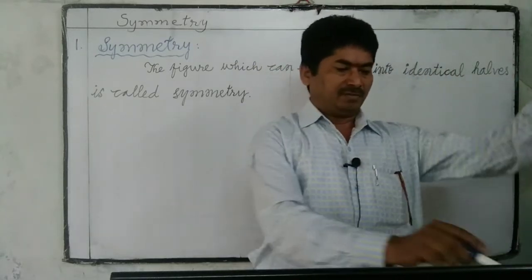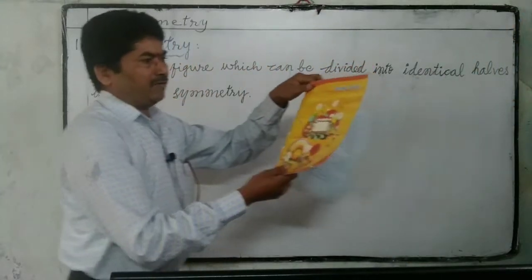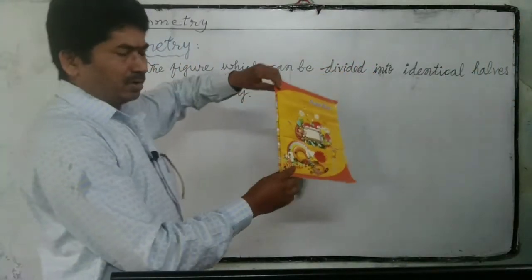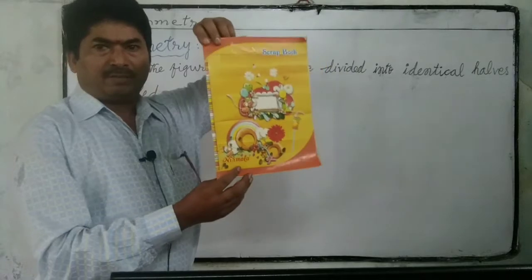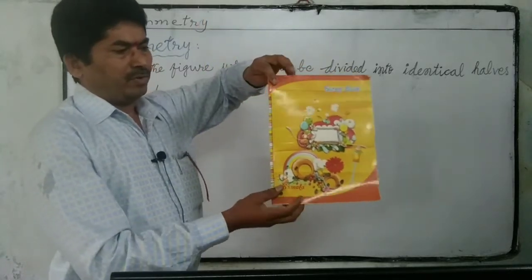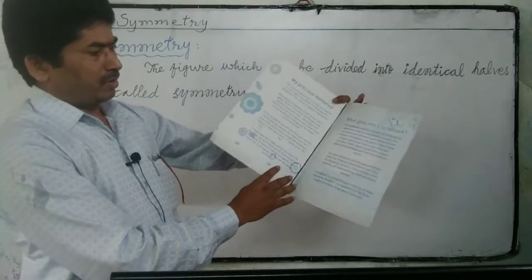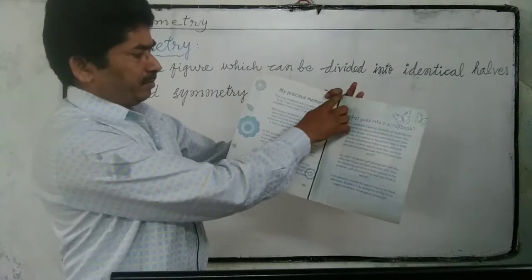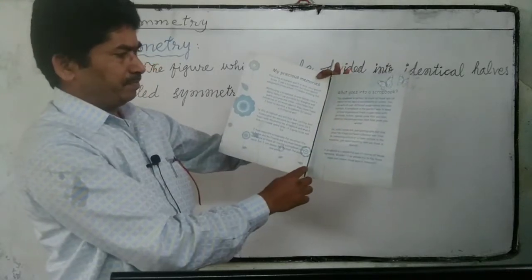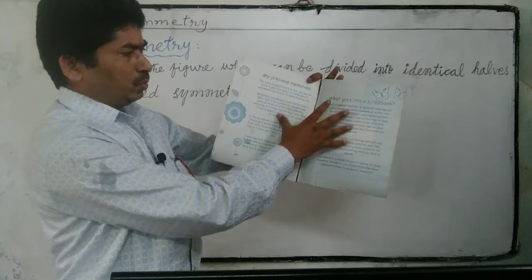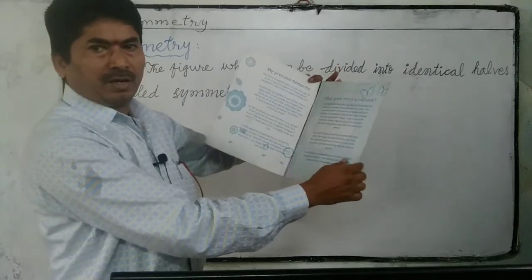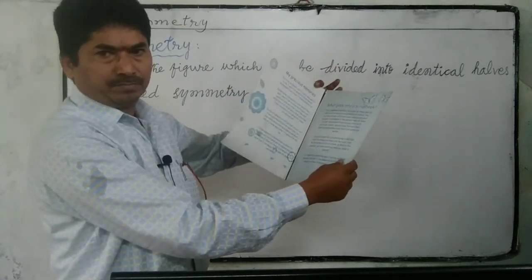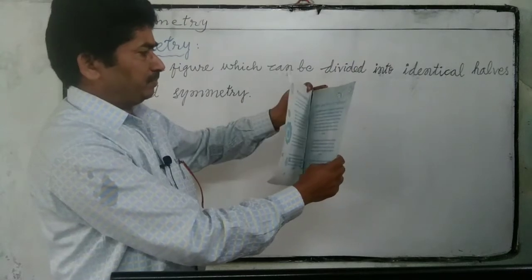Let us observe the cover of scrapbook. This is a cover of scrapbook. If we divide from here, these two halves are identical, equal. Let us check this.